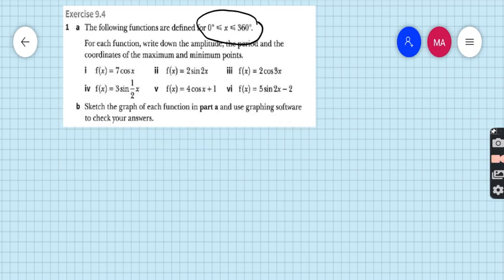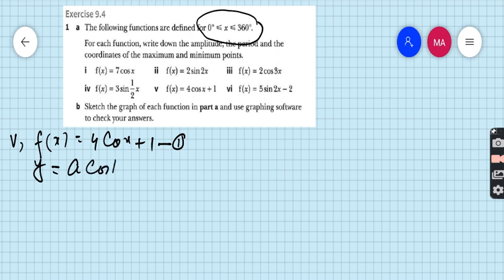The next part is part 5, which is f(x) is equals to 4 cos x plus 1. This time the vertical shift is also given. This is our equation number 1, and first we have to write the standard equation y is equals to a cos bx plus c, equation number 2.